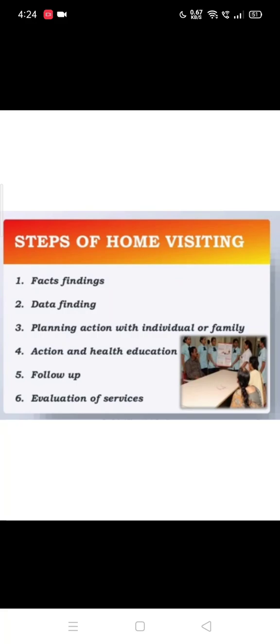The next is action and health education. What is the action? Here, like a diabetes patient, what do they have to do? They have to control the blood sugar level. They should not eat more carbohydrates like rice, potato, sweet potato, sugars.